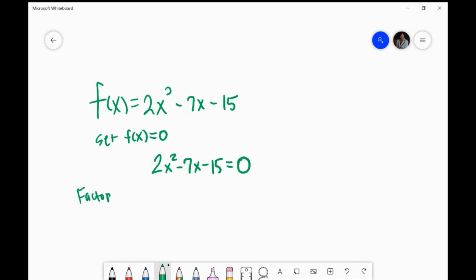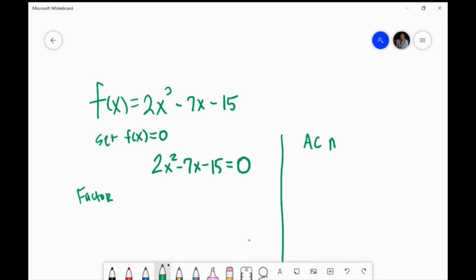So our first step would be to factor. What type of polynomial do we have here? It is a trinomial. So you could use the AC method. Have y'all ever heard of the AC method?